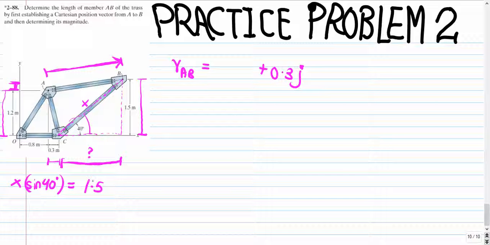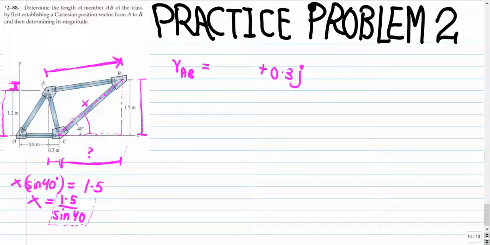I simply applied the sine identity on this triangle, and by applying that I got x sine of 40 degrees is equal to 1.5. Now solving for x, we get x should be equal to 1.5 divided by sine of 40 degrees. I'm not going to solve this on a calculator yet, but I'm just going to use this value for x until we get the final value for this unknown length.